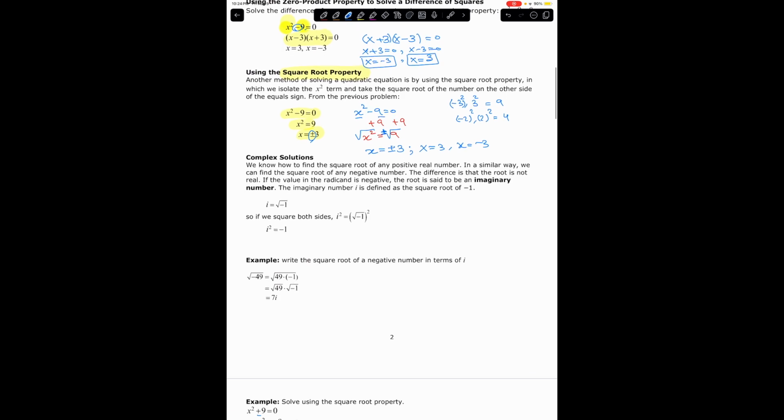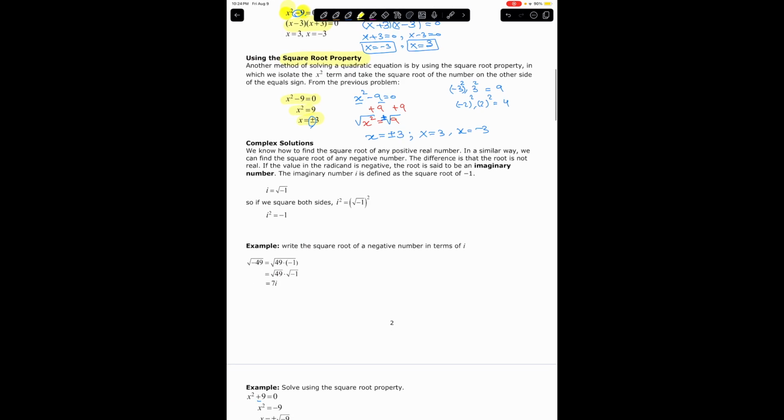This leads me to the next idea: complex solutions. Sometimes we don't have a difference of two squares. We sometimes have the sum of two squares. How do we deal with that? If that happens and we would like to use the square root property, we're going to end up with a slight problem. We know how to find the square root of a positive real number.